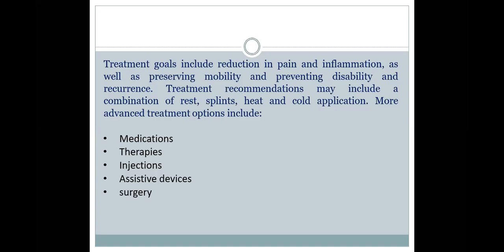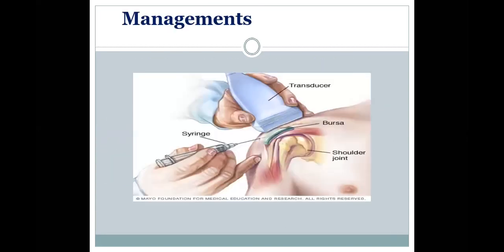Sometimes the inflamed bursa must be surgically drained, but only rarely is surgical removal necessary. But if the above management therapies don't work and don't relieve the symptoms, then surgery might be the choice of management. In this, the inflamed bursa is surgically drained. We can see here in the figure.